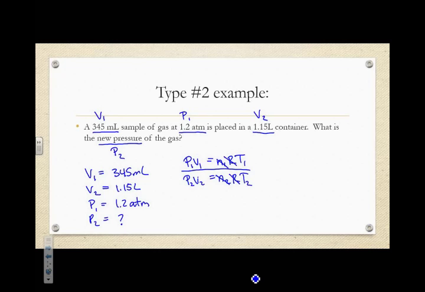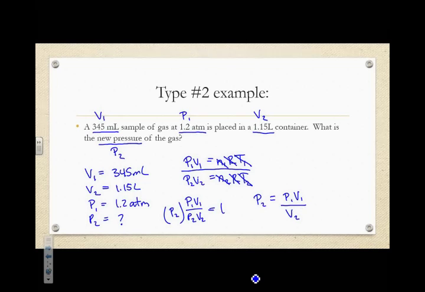R is a constant, so it doesn't change. And my temperature in this problem doesn't change either. So I end up with P1 V1 over P2 V2 equals 1. And I actually want to solve for P2, so I just need to multiply both sides by P2, and I will have P2 equals P1 V1 over V2.